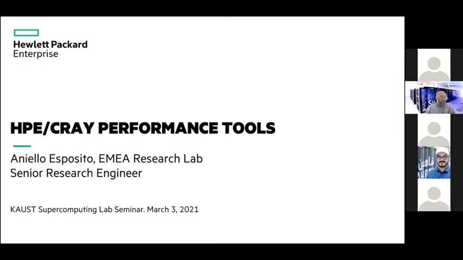Agnello studied physics at ETH Zurich, followed by a PhD on simulation of semiconductor devices and a postdoc in computational microscopy. He joined Cray as an application analyst at HLRS in Stuttgart, supported several Cray systems, and organized various workshops in Europe and also in Saudi Arabia.